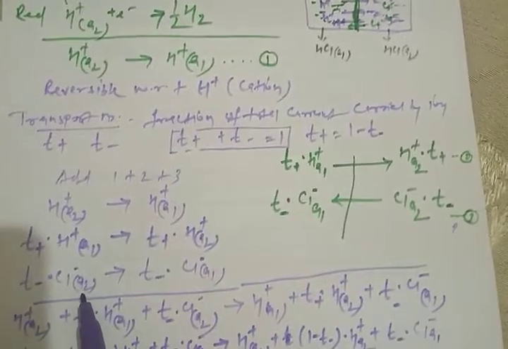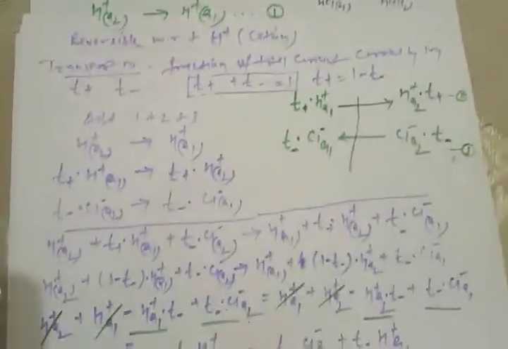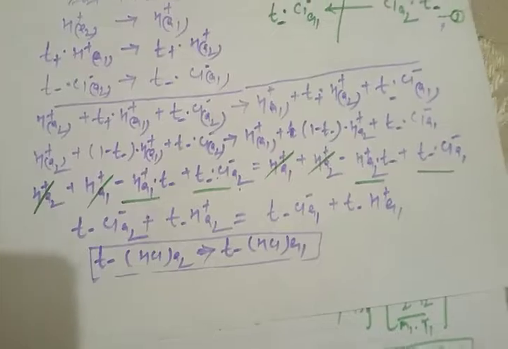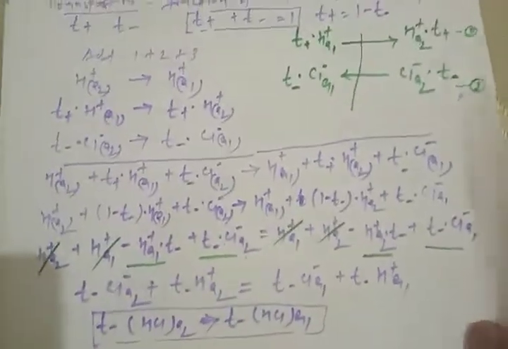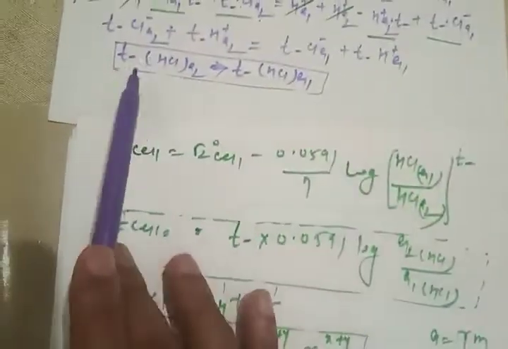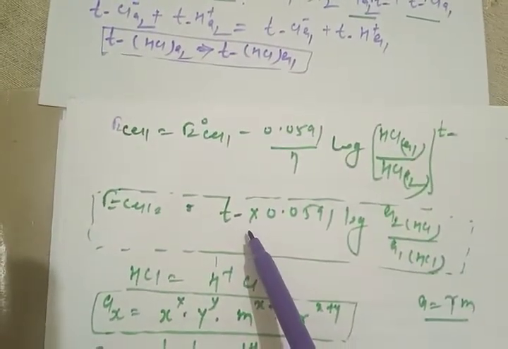That is why we write A2 to A1 here. Then we need to multiply, subtract, divide, this and that. So this will give you T SCl A2 to T SCl A1, and then we will further go for the Nernst equation. This is the Nernst equation. This is a coefficient, so it will come into the power. It is then minus multiplication.